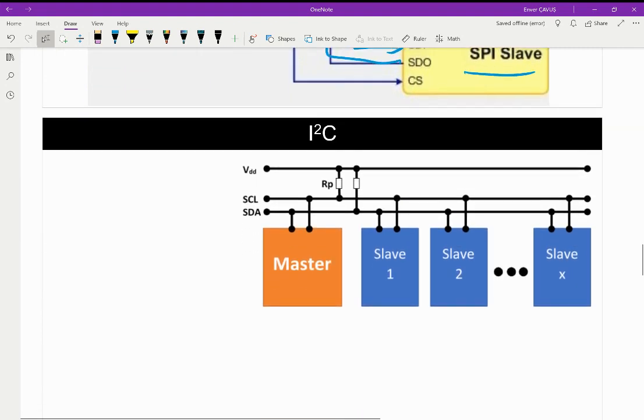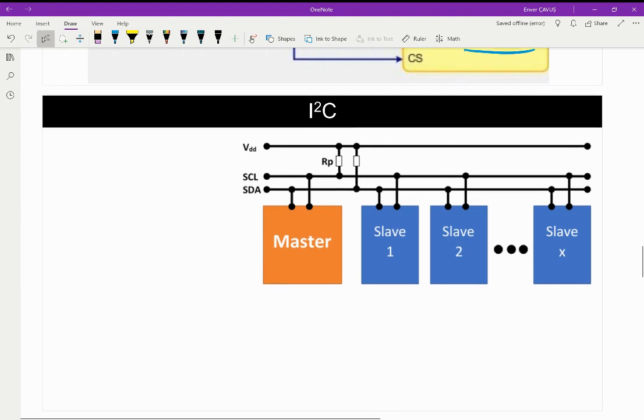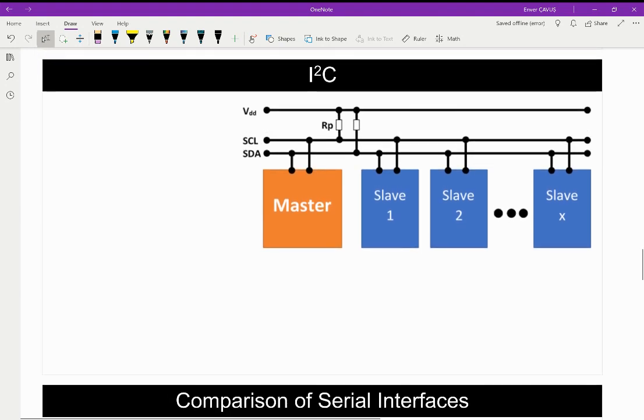And let's look at this I2C protocol. So in this protocol, we have 2 wires actually. One is SCL, the other one is the serial data. So SCL is serial clock.